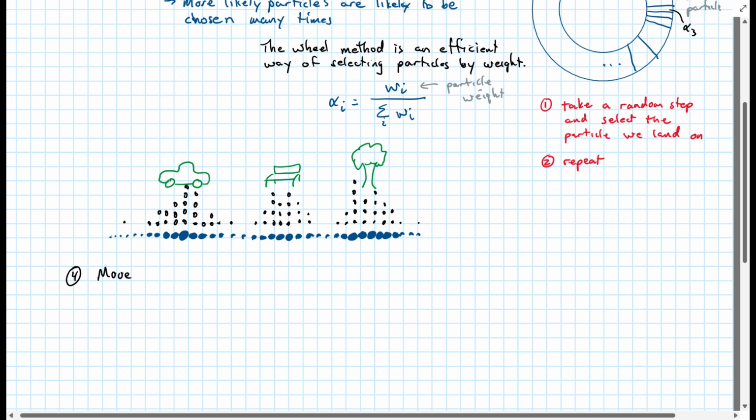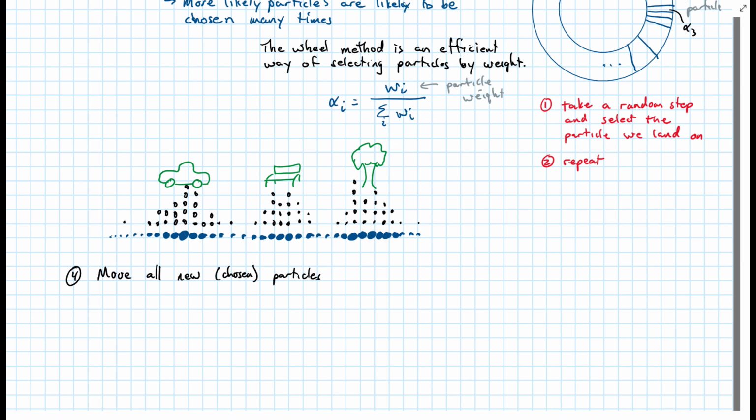So we're going to move all of the new particles, or the chosen particles, however you want to put it. Now when we did this in a Kalman filter, we did x of n plus 1 is equal to a times x of n, and we did not do the noise.